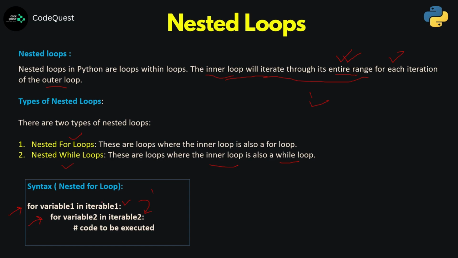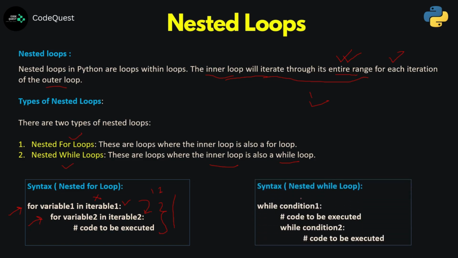Next time, the second item of iterable 1 is considered by the outer loop, and again variable 2 is going to go from the beginning till the end of iterable 2. Like this, as long as the outer loop is true, the loop continues to execute. The moment the outer loop ends, the entire nested loop is going to stop.